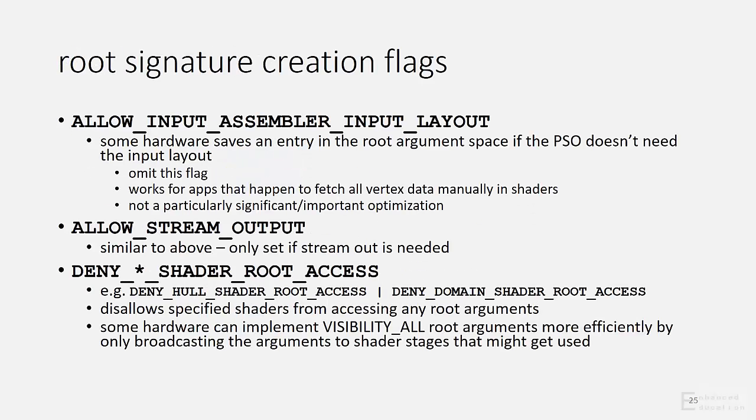A root signature declaration includes a few miscellaneous options exposed as flags. One of them is allow input assembler input layout, so that means you opt in to using the input assembler. The reason for that is if you need to use the input layout, which defines a set of vertex buffer bindings, some hardware implements those bindings using one of their hardware native root argument slots, sort of like a hardware descriptor table.